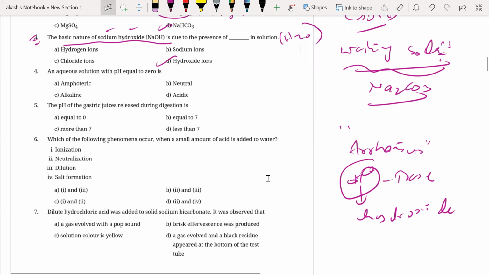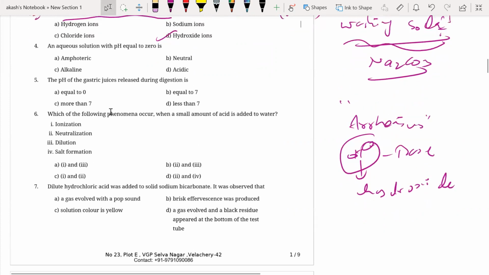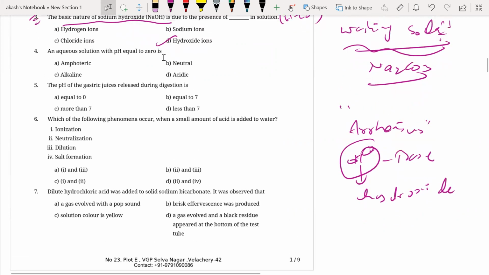Next question. The aqueous solution with pH equal to 0 is what? Is it amphoteric, neutral, acidic, basic? The correct answer would be acidic, right? Acidic.